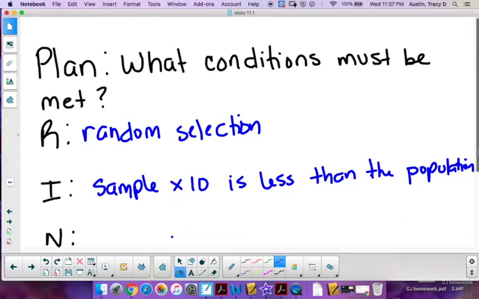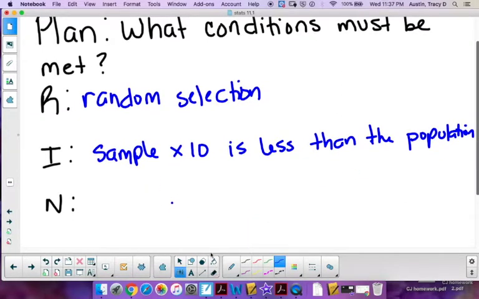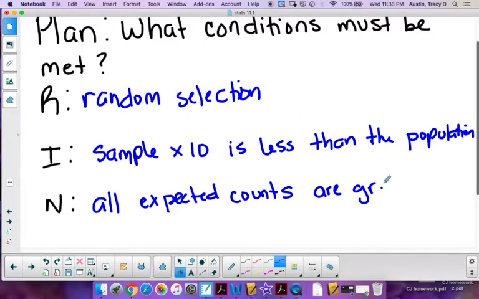Okay, the normal one is a little bit different, because most of the time you're not looking at just 2 proportions where you could do what we did in the last chapter and state that all of your successes and your failures are all greater than 10. Okay, so instead, because you could be looking at several different groups out of one population, it's all expected counts, not your observed, but your actual expected counts, are greater than or equal to 5.